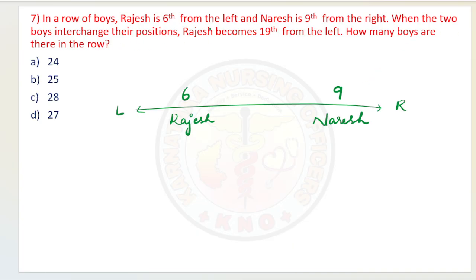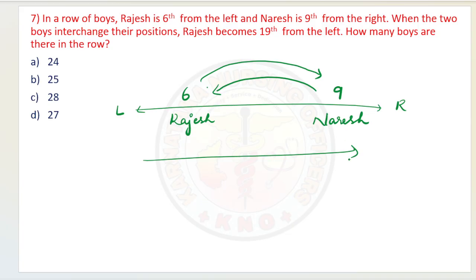When the two boys interchange their positions, Rajesh becomes 19th from the left. So from the left, Rajesh becomes 19th position. Then how many boys are there in the row?